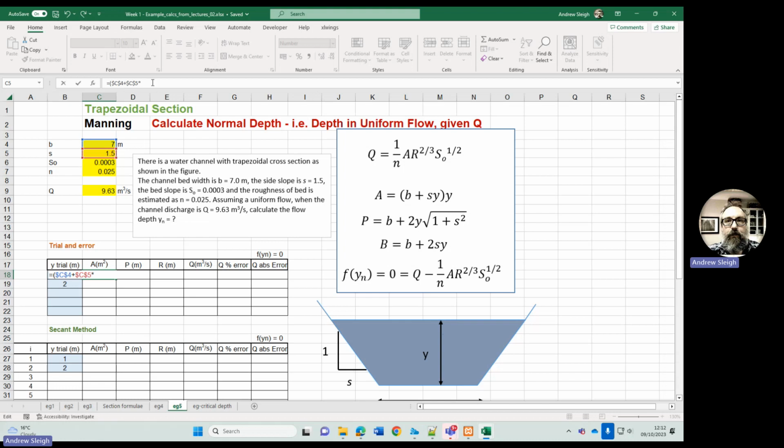Now Excel's not letting me type, so click on that, I know that it's cell B18, times by, well, it's B18 again, so 8.5. The wetted perimeter is equal to B as a constant plus 2 times our guessed value of y times the square root of 1 plus side slope as a constant squared, close bracket.